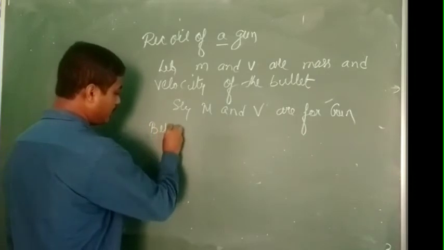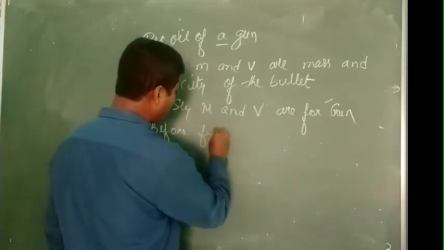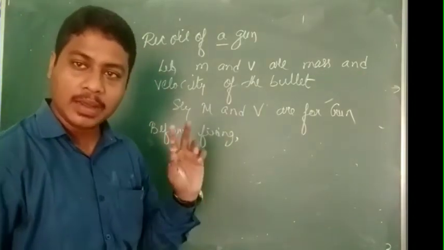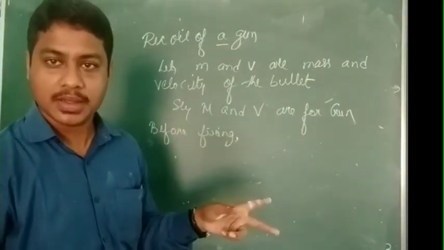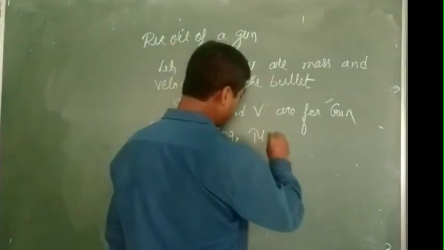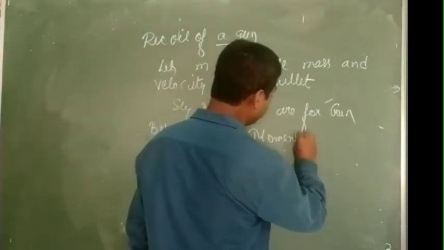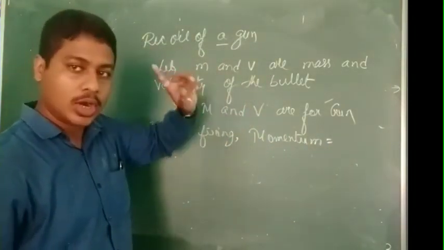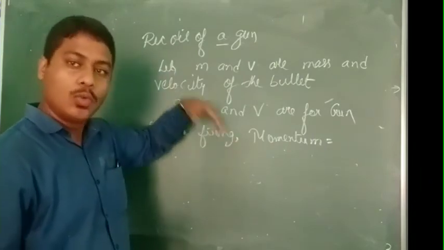Next, suppose before firing, your bullet and the gun both are at rest. So the momentum before firing will be small m into 0 for the bullet, plus capital M into 0 for the gun.